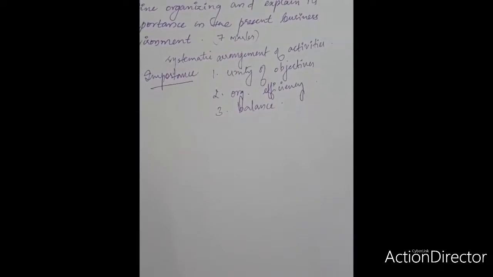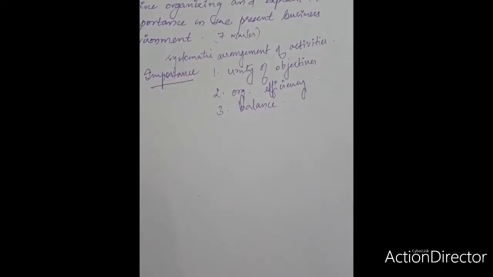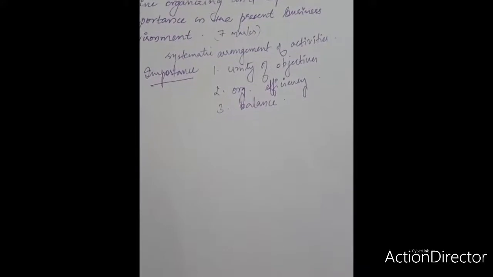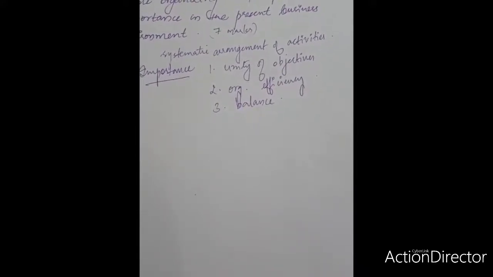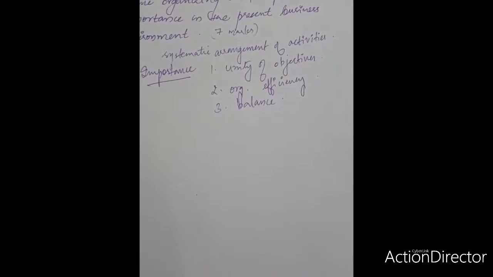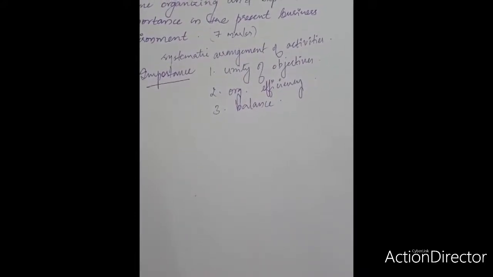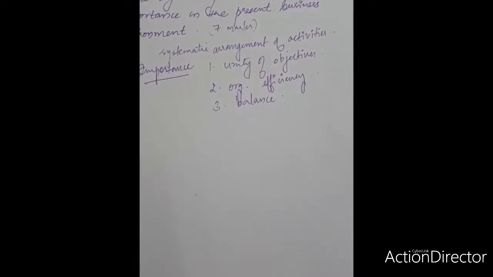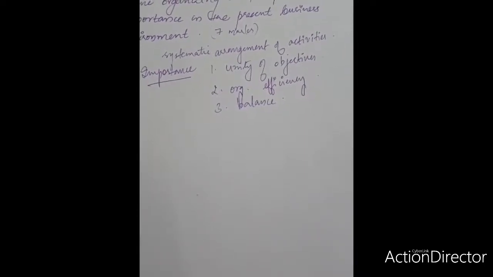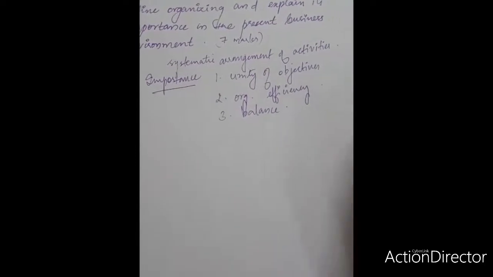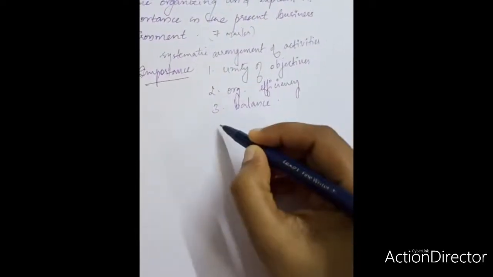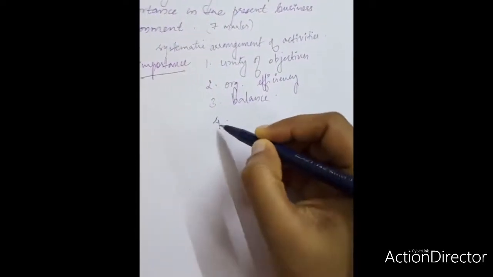That is, there should be a balance between the organizational duties and responsibilities that the employees carry out and the proportion in which the work has been divided among the different employees. That is balance for more efficiency. If there is balance, there will be better efficiency in the organization.